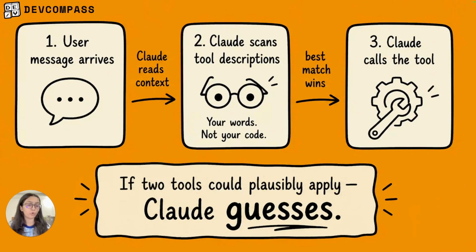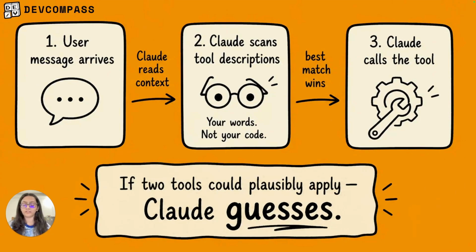There is no code running to figure out which tool is right, there is literally no routing logic. It is purely Claude reading your words and making a judgment call based on them, which means if your words are ambiguous, Claude's judgment call will sometimes be wrong. And it won't tell you it was wrong. It will just call the wrong tool and proceed as if everything is fine.